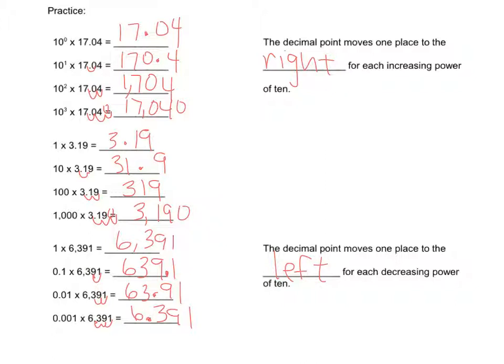Okay, we're back to check. On that first set, we've got 17 and 4 hundredths, then 170 and 4 tenths, then 1,704, and then the last one on that first set, we have 17,040. That decimal point is moving one place to the right for each increasing power of 10.